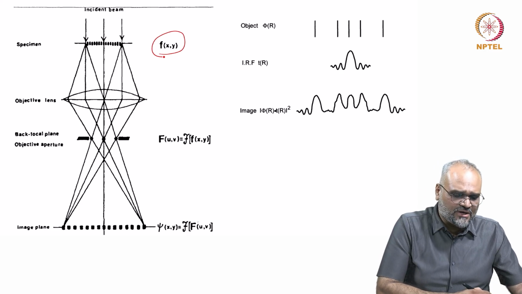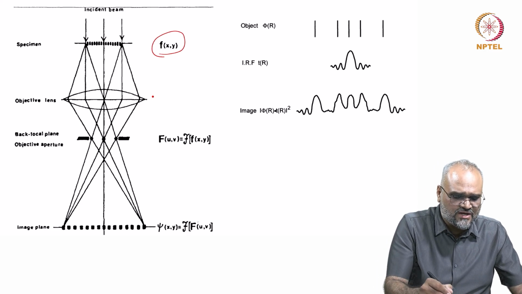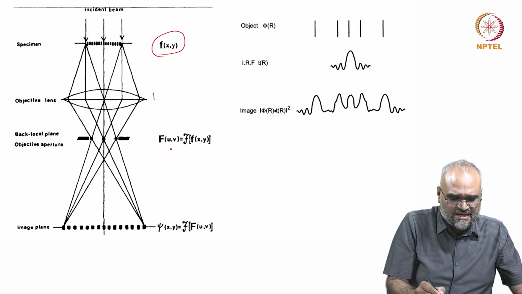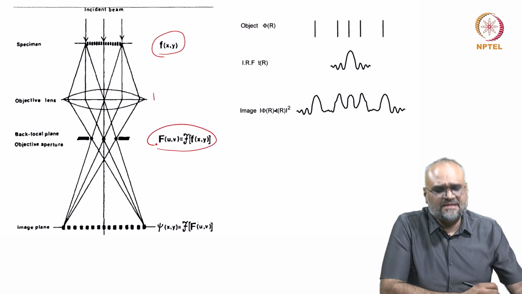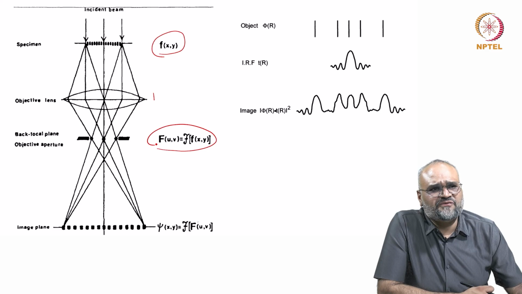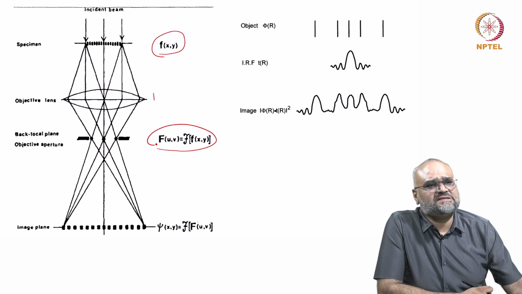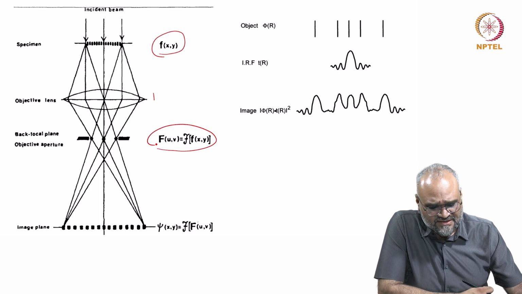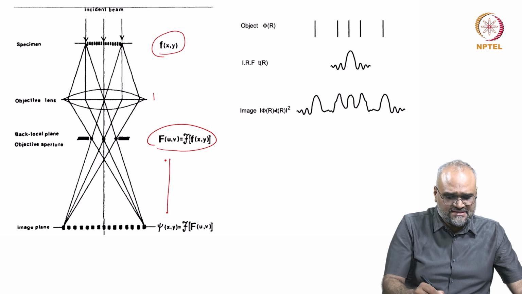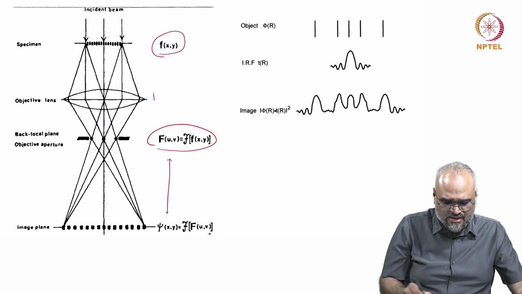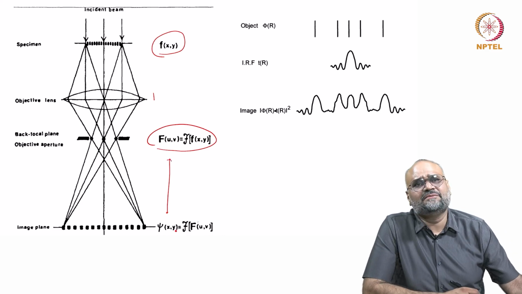The projected potential from this, when it goes through the objective lens, can be visualized in terms of the Fourier transform at the back focal plane, and that is what we saw in terms of the contrast transfer function. And an inverse Fourier transform of this is what you record at the image plane.